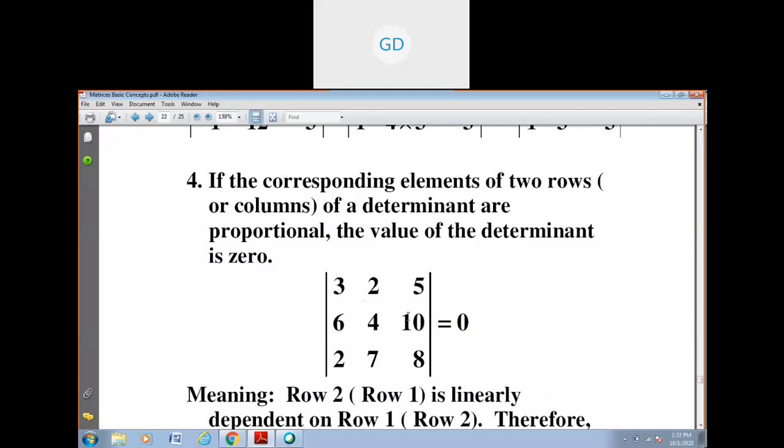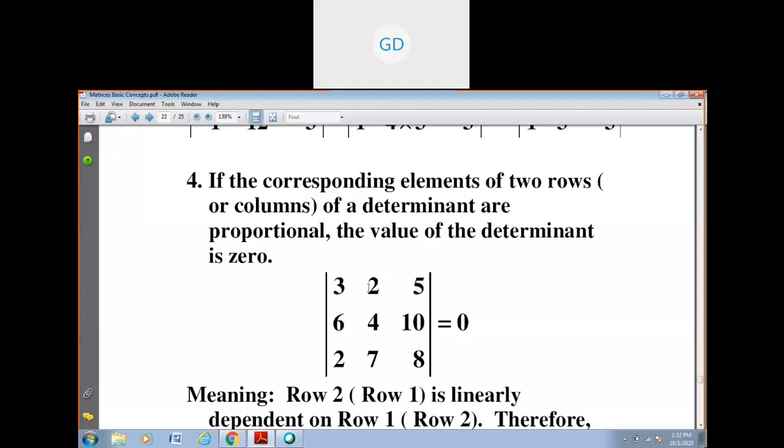And this property is written a little differently: proportional. We can say the same property as proportional. That means the first row and second row here are proportional. Proportional means if we multiply the first row by 2, we get the second row. So a common factor is there.